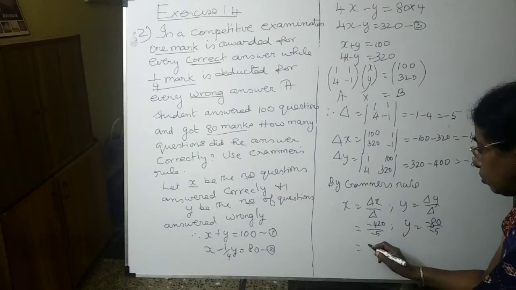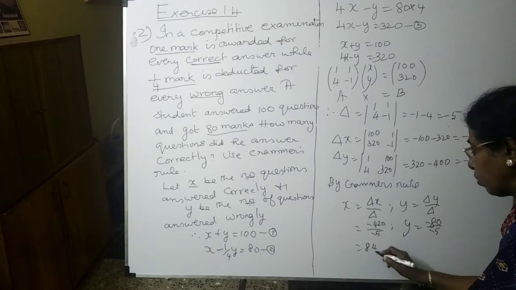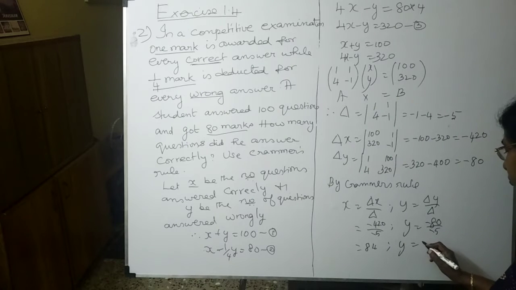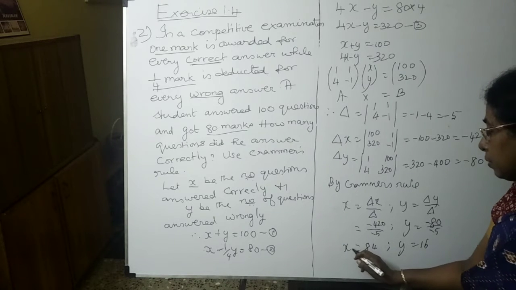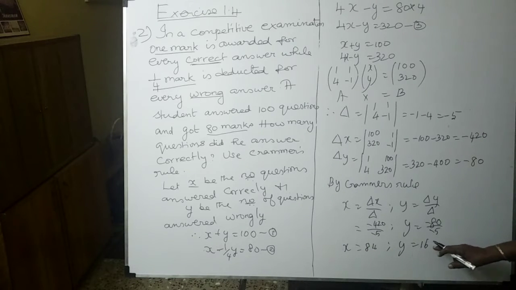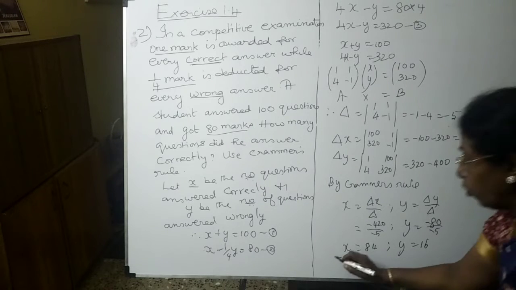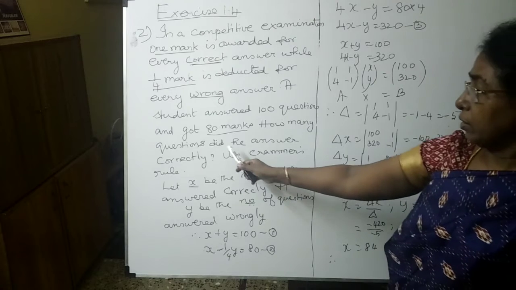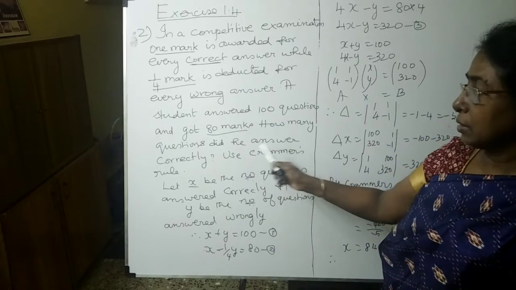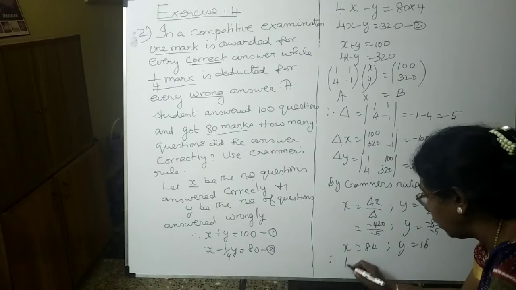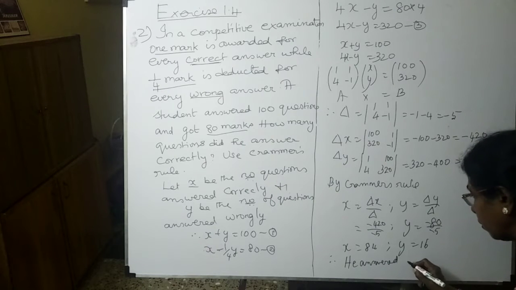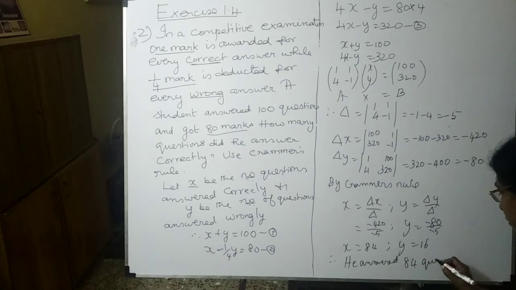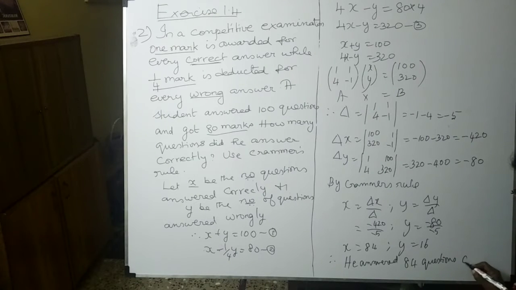So x value is equal to 84, and y value is equal to 16. So the questions answered correctly, x is equal to 84. The questions answered wrongly is 16. Therefore, your question is to find how many questions did he answer correctly. Therefore, he answered 84 questions correctly. This is your answer.